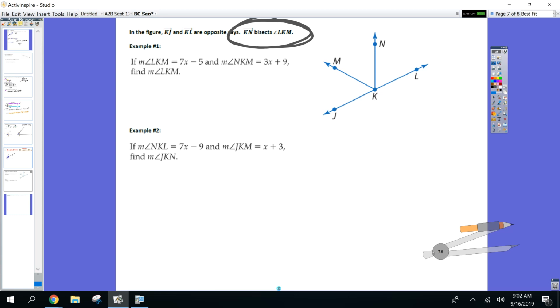You guys want to start labeling example 1? Go right ahead. LKM, find LKM. That's 7x minus 5. And then NKM is 3x plus 9.